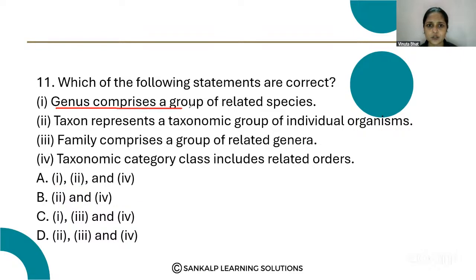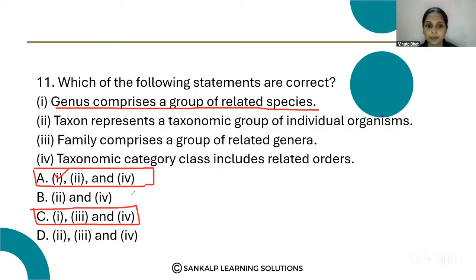Genus comprises group of related species. Yes, so related species come under the genus, right? So here A contains option 1, and C as well. A and C. So the remaining two we can eliminate. Then see the second option.